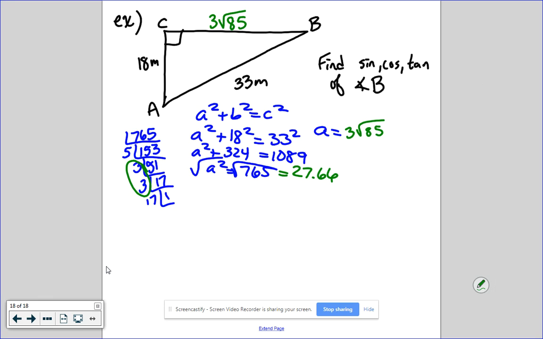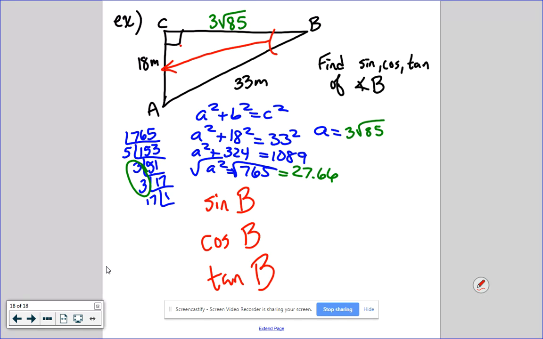All right, now the question that we actually need to do. Find sine, cosine, and tan of B. This all comes back to SOHCAHTOA. So from B, again, I draw my arrows. What's my opposite side? 18.